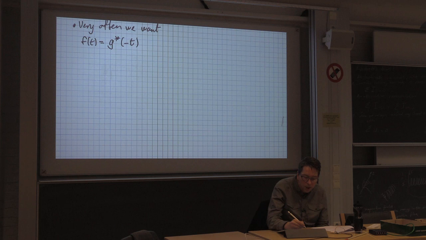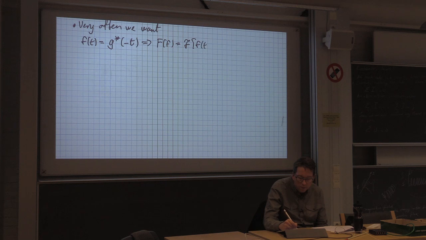Okay, so what does that mean? Well, it means that the Fourier transform of f, so it's this curly f of small f, is g star of f.